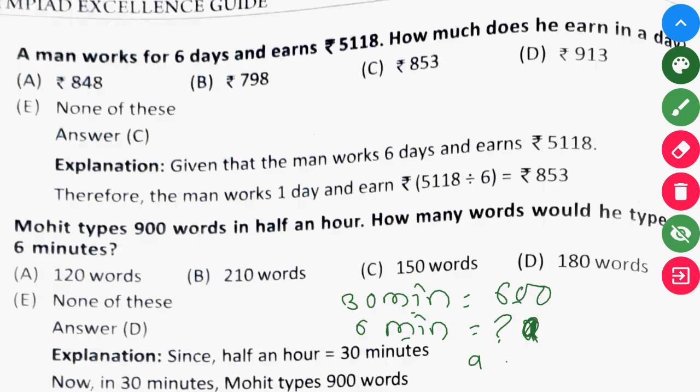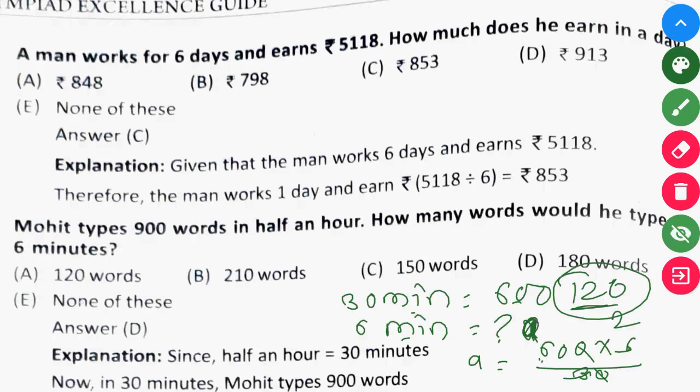So A is equal to 600 multiplied by 6 divided by 30. 3 2s are 6 and 6 2s are 12. So 120 words he will type.